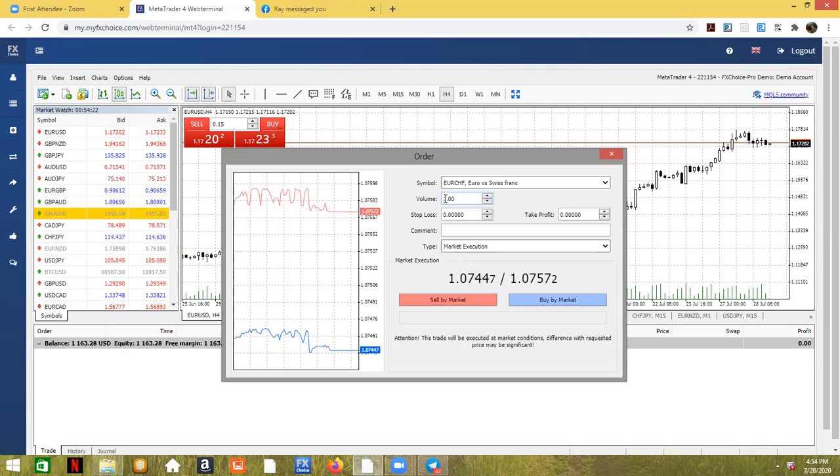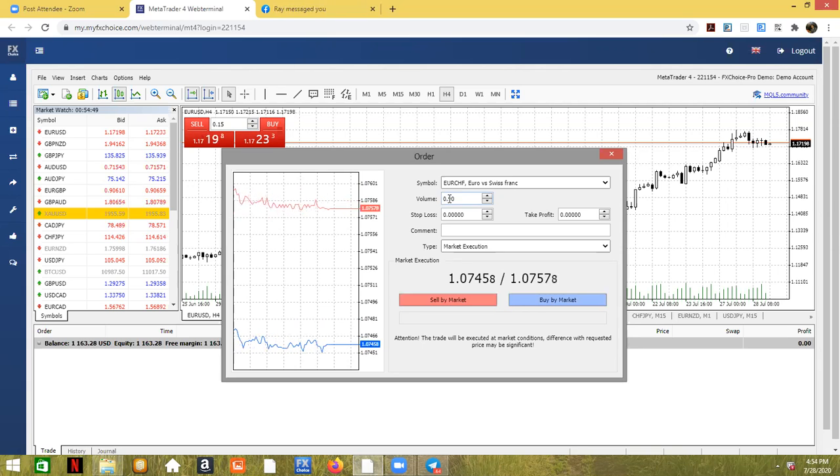So standard, mini, and micro. Micros are 10 cents per pip all the way up to 90 cents per pip. Then you start at the dollars at 0.1, which is $1 per pip. Then 0.2, $2 per pip, all the way up to $9 per pip at 0.90.